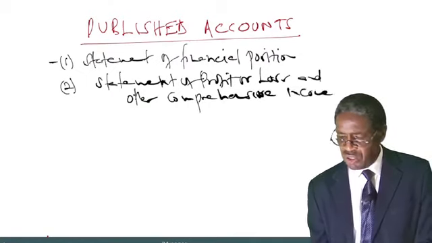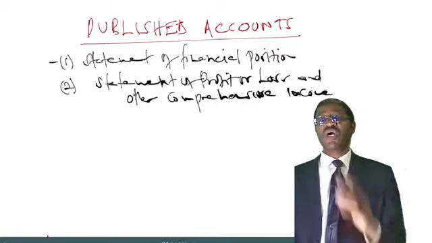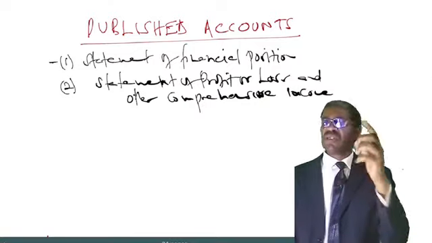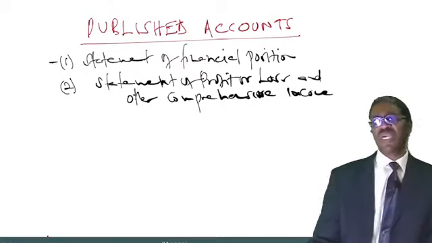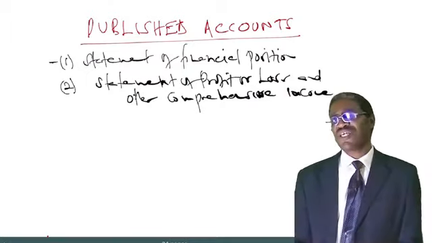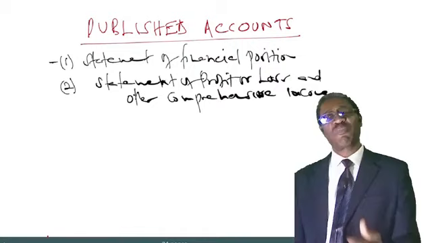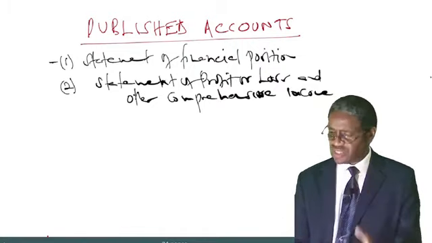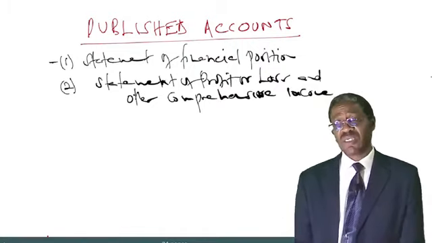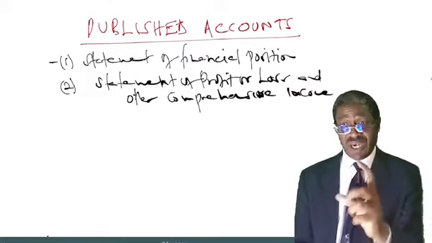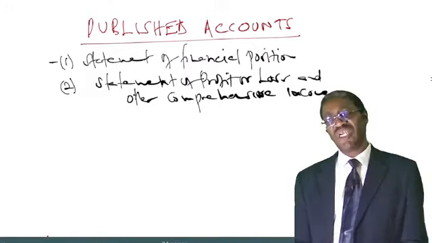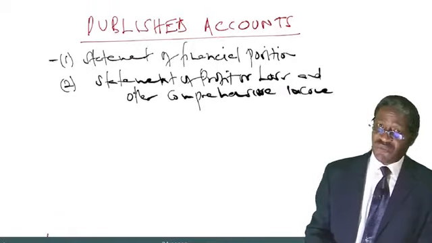Statement of profit or loss and other comprehensive income. Some books will call it income statement. Others will call it statement of comprehensive income. Whatever it is that they are calling it, that's another component which should be included in a complete set of financial statements.